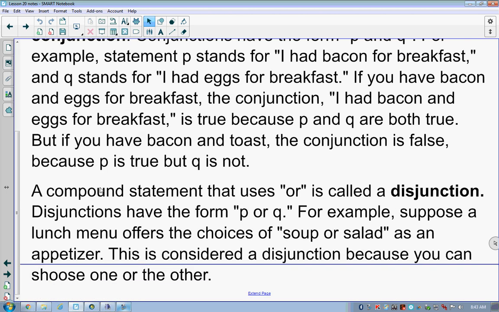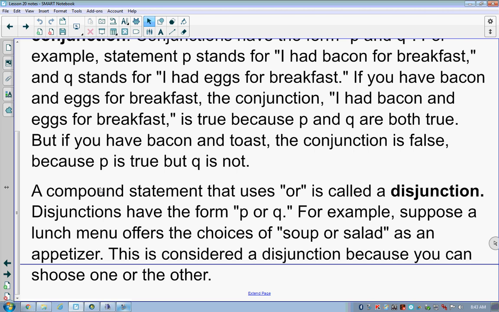Okay, which brings you down here to our disjunctions, which is or. Compound statement, or is a disjunction. Disjunctions have the form P or Q. For example, suppose a lunch menu offers the choice of soup or salad. If you've been to an Olive Garden, right? You get your meal, and they say, do you want soup or salad? It's not both, right? It's a disjunction. Okay, those things are separate.